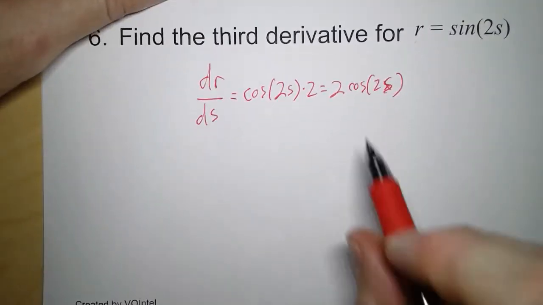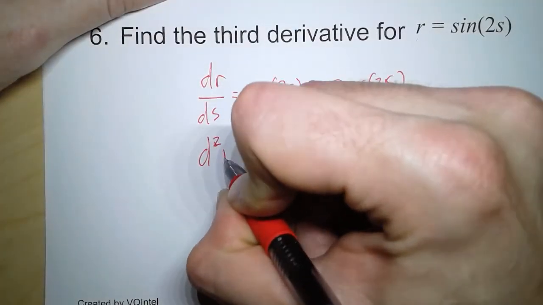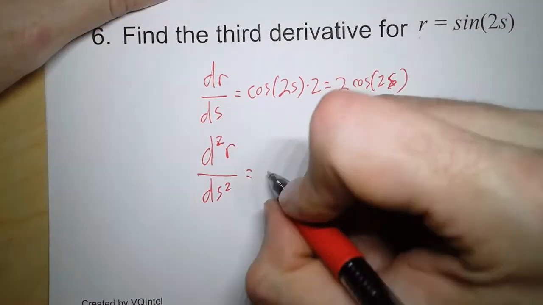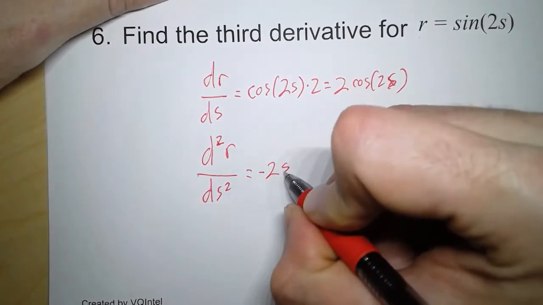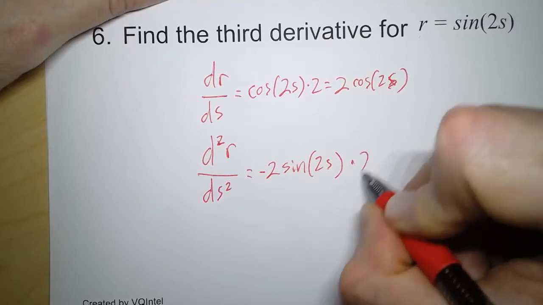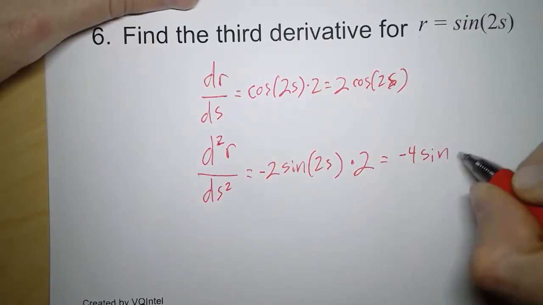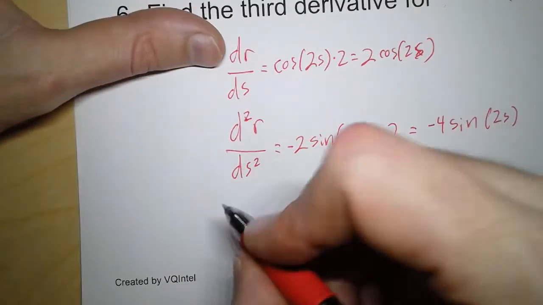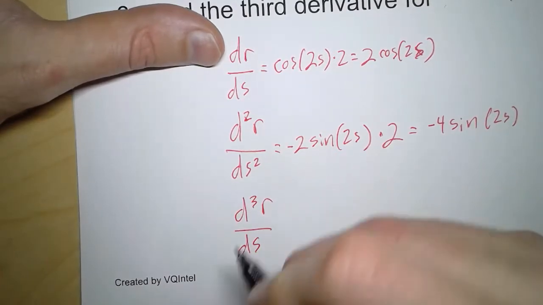So to find our derivative of this, we have d2r over ds squared. And so this derivative will be negative 2 sine of 2s times the derivative of the inside, which is 2, so we have negative 4 sine of 2s. And then finally, our third derivative is going to be d3r over ds cubed.